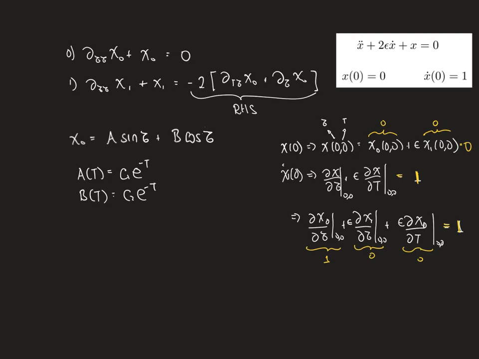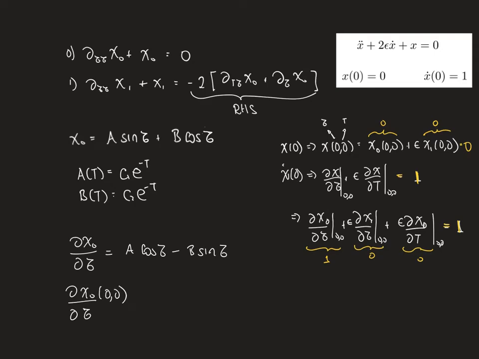So let me just derive again this quantity in here to apply the boundary condition. We have x0'(τ) at 0, which is a cosine of τ minus b sine of τ. Okay, and now we do x, and then remember this is at 0.